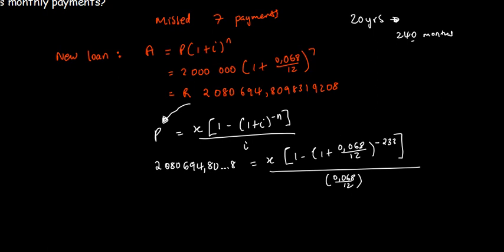So if you would quickly do that, it's a lot of values, right? 0,068. You must be careful to punch them correctly in your calculator, so as to avoid any errors there. And then also don't forget that minus, then you have divided by 0,068 over 12.